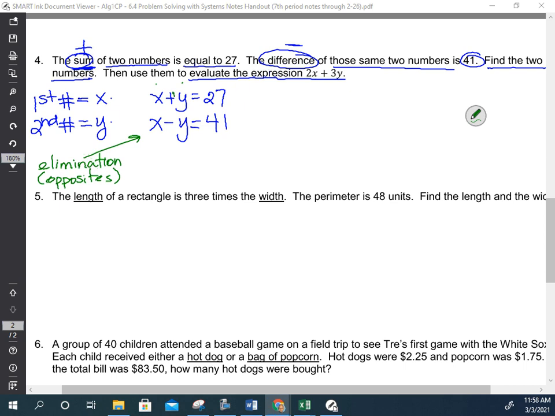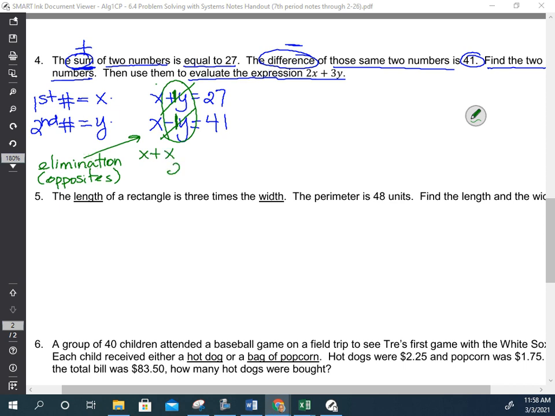So this is a positive 1, and that's a negative. Positive 1 and negative 1 are opposites, so your y's are opposites. That means the opposites cancel out, and you add everything else going down.